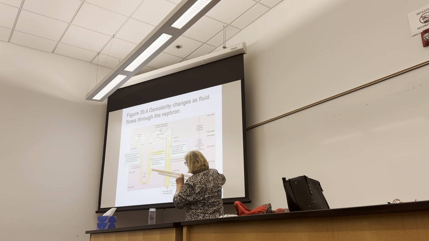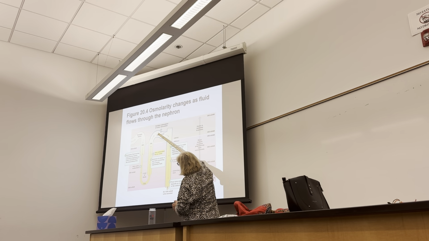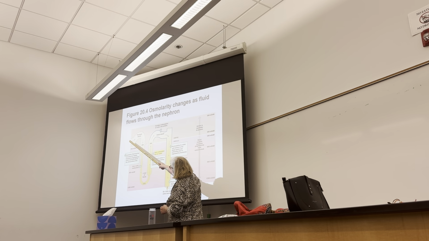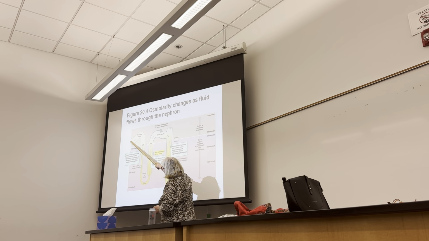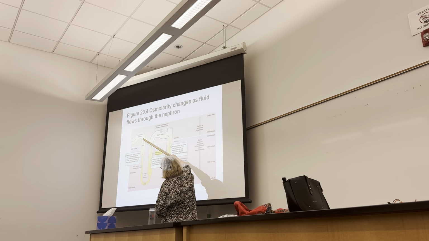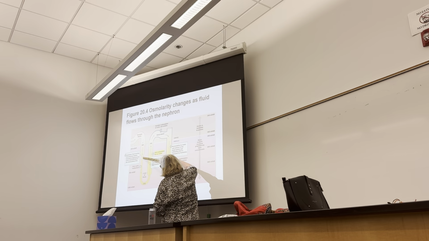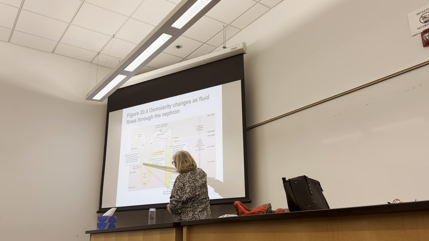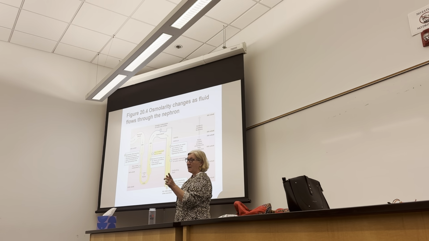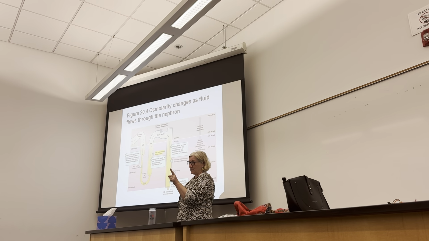Also pay attention to the coloring of the filtrate. As it comes out of the Bowman capsule, it's about 300, this light yellow. And as it dips into the descending loop of Henle, it is only permeable for water and not permeable for solutes.